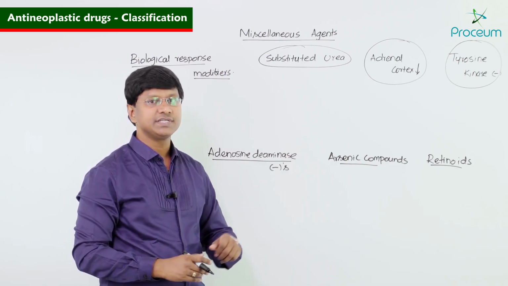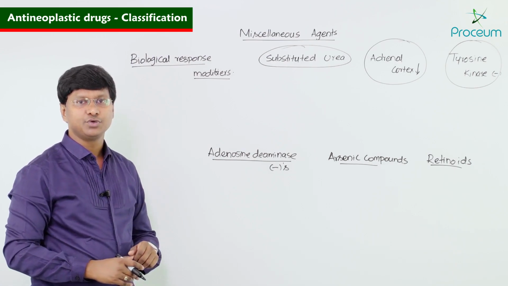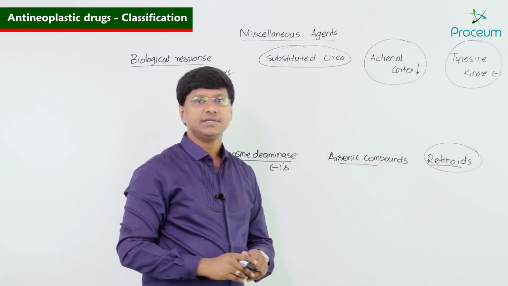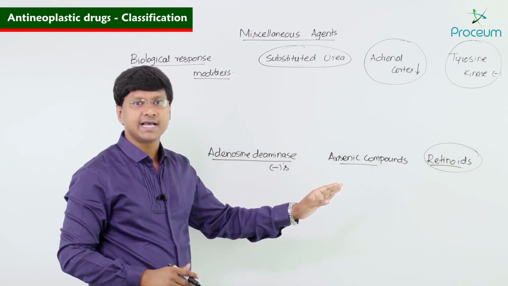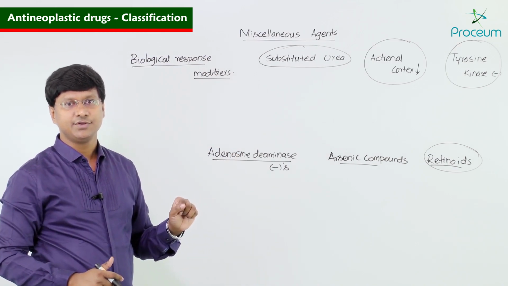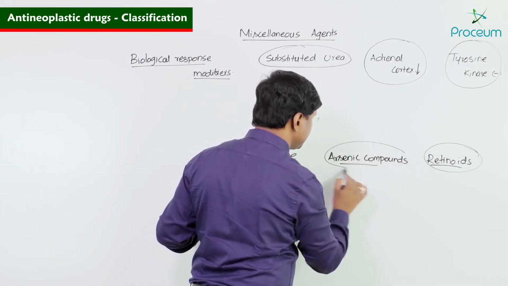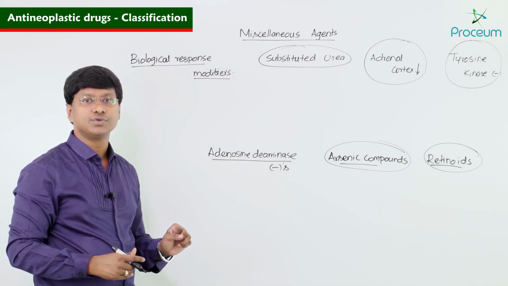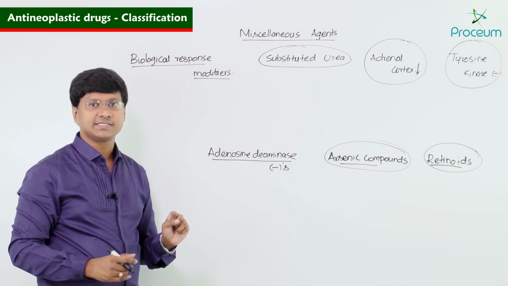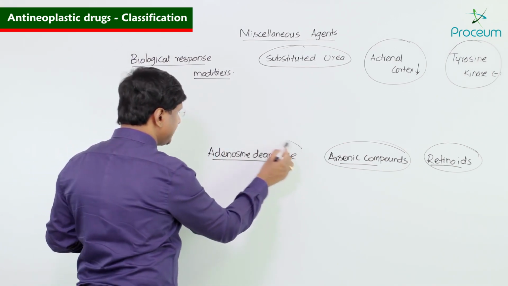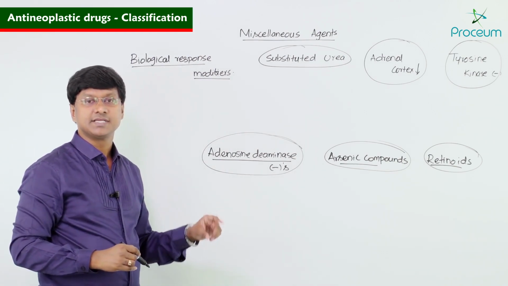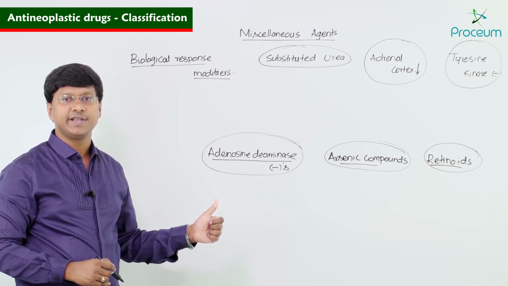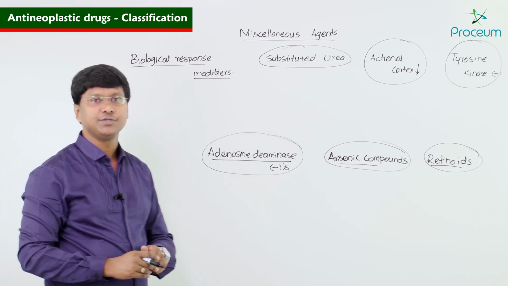They are your tyrosine kinase inhibitors which are the antineoplastic agents. Next, you take the retinoids, that is isotretinoin, which is acting as an antineoplastic agent. Next, the arsenic compounds include arsenic trioxide. Next, the adenosine deaminase inhibitors include pentostatin, which is an adenosine deaminase inhibitor acting as an antineoplastic agent.